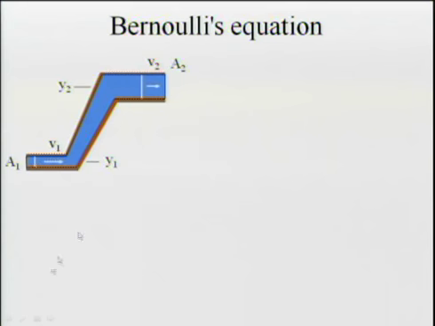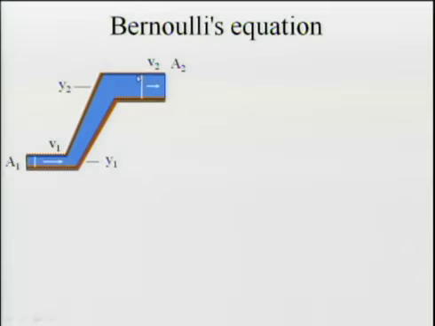Now, let's consider just this system of particles between these two surfaces. I imagine one surface over here and one surface over there. As time passes, this system is going to move a little bit forward, but I will think only about this particular system of particles. So for me, water between this surface and this surface is my system.